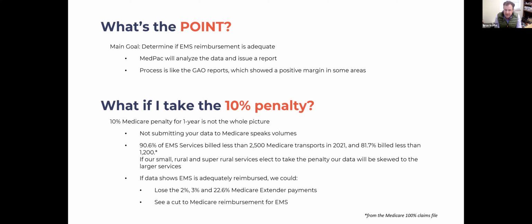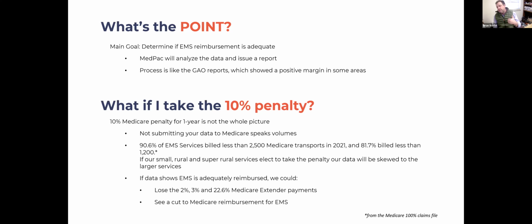By contrast, the average provider that would reply to those surveys billed in excess of 10 to 20,000 Medicare trips a year. So they're truly not representative. And it's our belief that all things being equal, the smaller you are, the higher your average costs, meaning those small services not only represent the vast overwhelming majority of the industry, but we also believe that they have costs that are significantly higher than what's been represented in the past through that voluntary process.